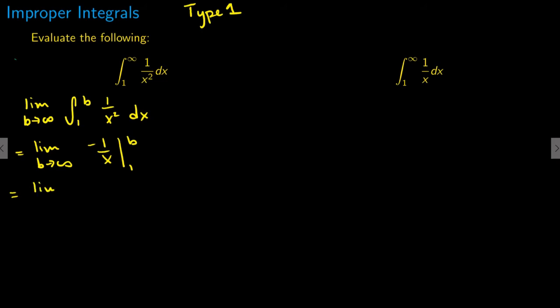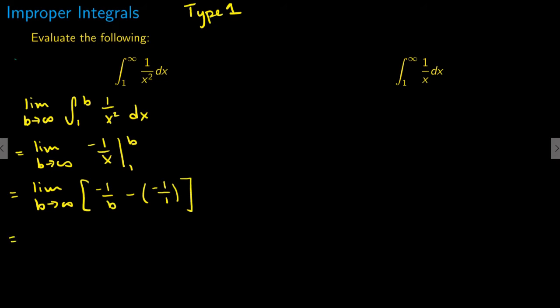And then we evaluate it at the limits. So I get the limit as b goes to infinity of negative 1 over b minus negative 1 over 1.